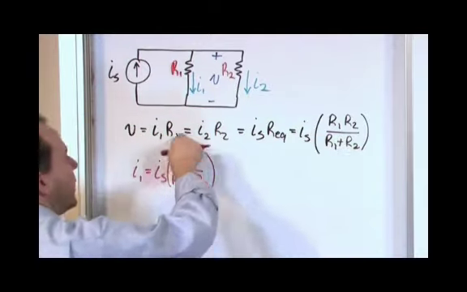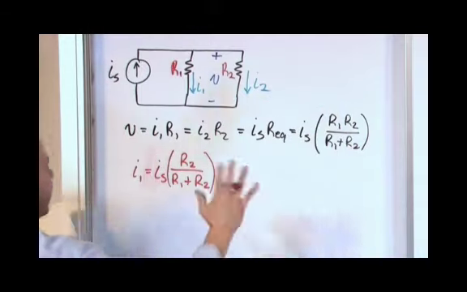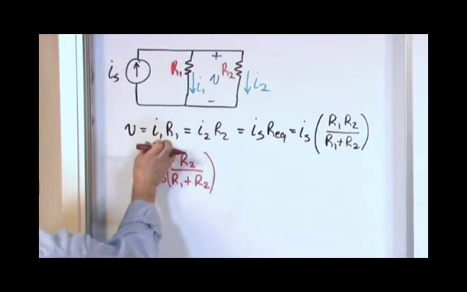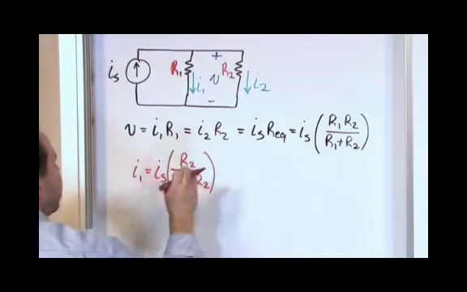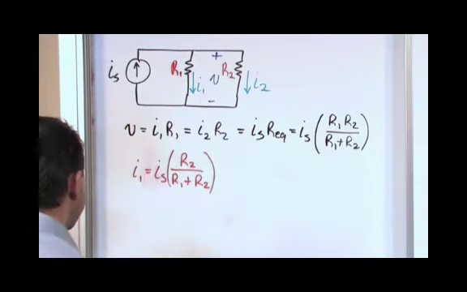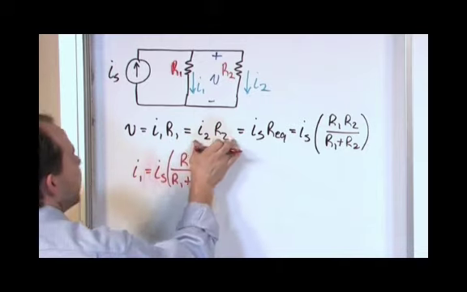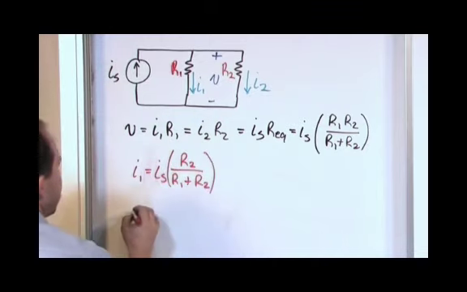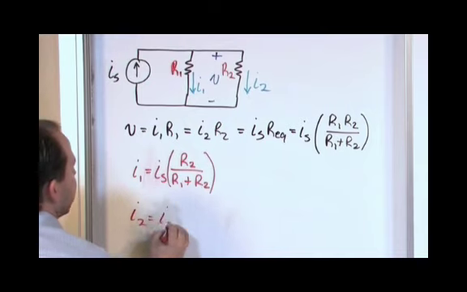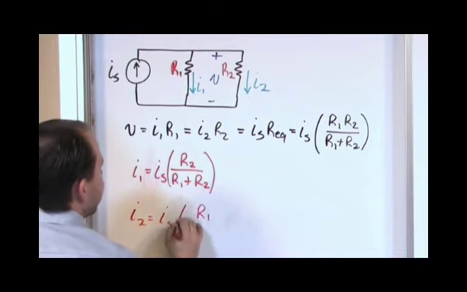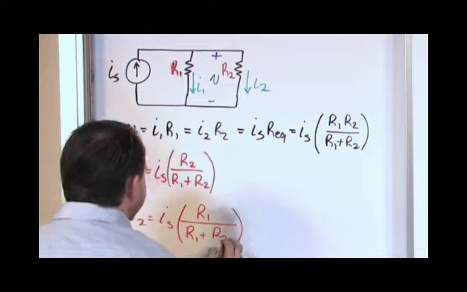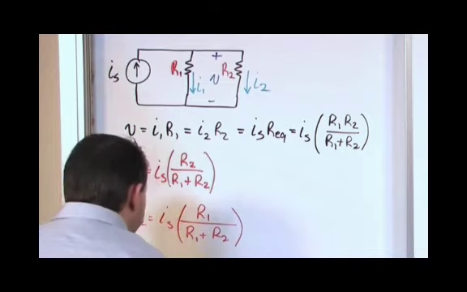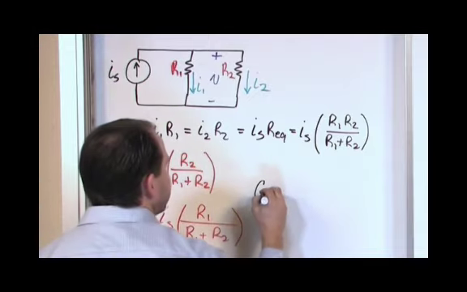The R1 cancels with the R1 up here and disappears. The rest is the same. I1 comes from here, the source current comes from here, and you have this right here. Let me do the next one. I can set this also equal to this, and I get I sub 2 equal to I sub S times R1 over R1 plus R2. These are the current divider equations.